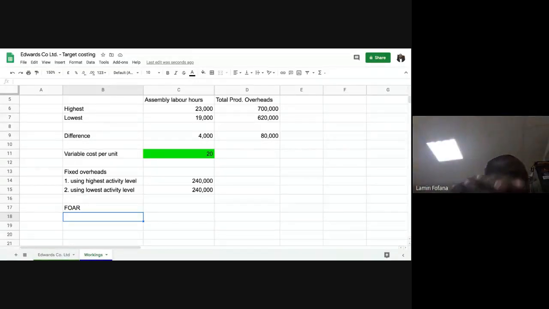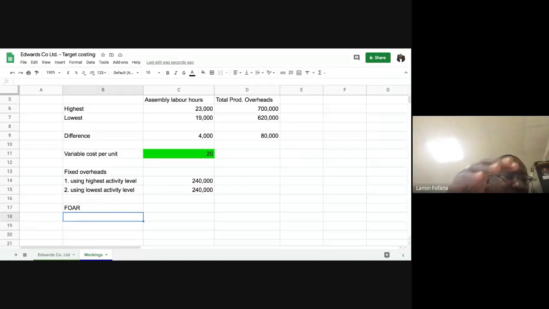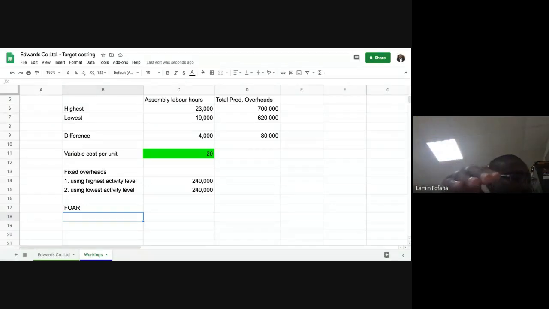As you can see, for month 1, if you have a total overhead of 620, out of this 620, 240 will be fixed and the remaining will be variable. You look at month 2, you have got total overheads of 700. Out of this, 240 will be fixed and the remaining will be variable.